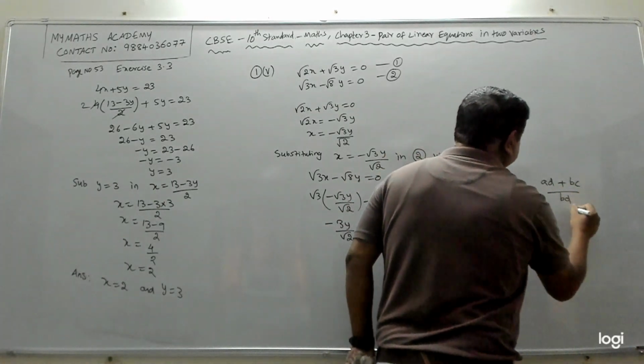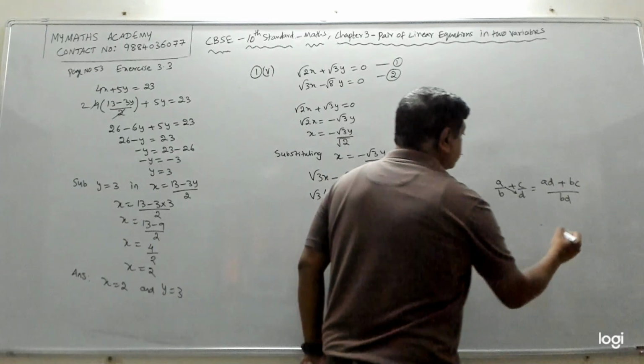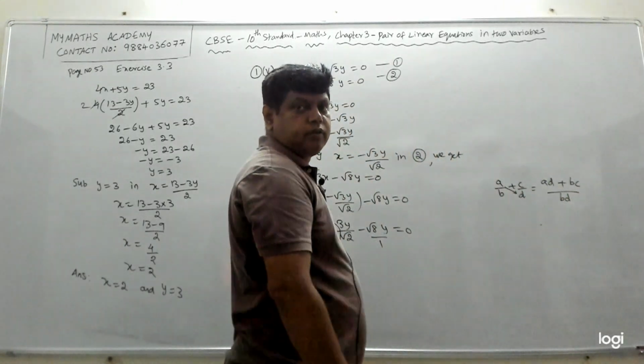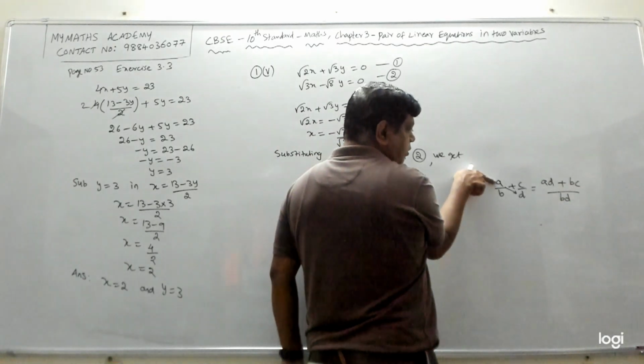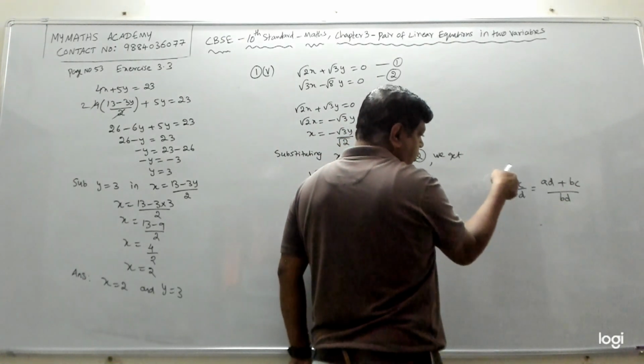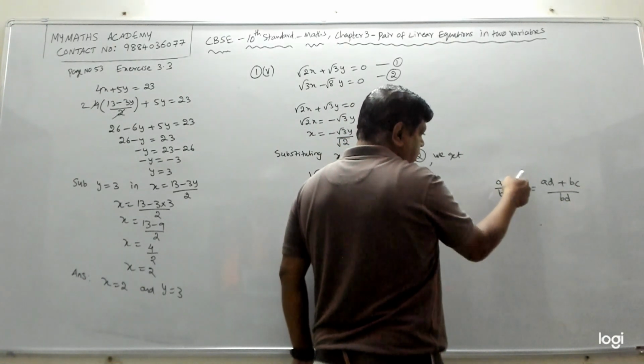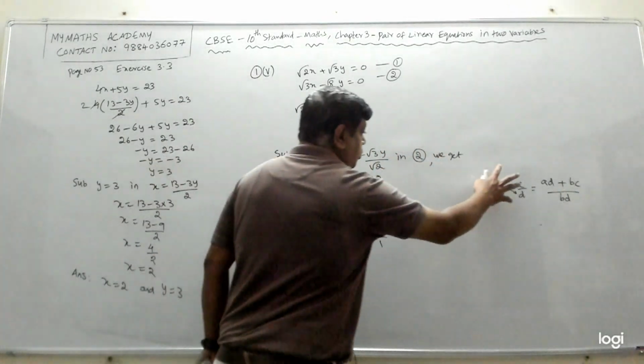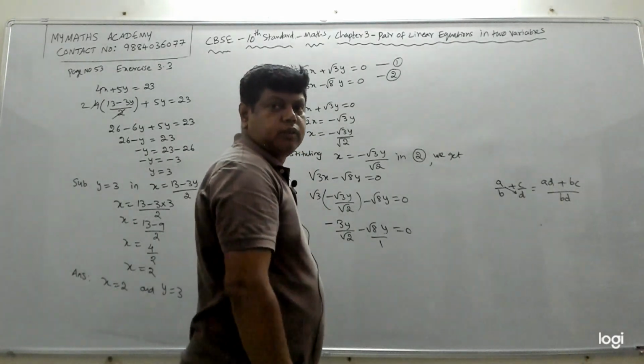First a into d plus b into c by b into d. You can always do this, for any fraction. I'm going to do the same thing.